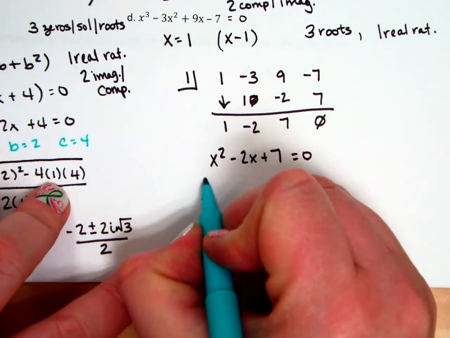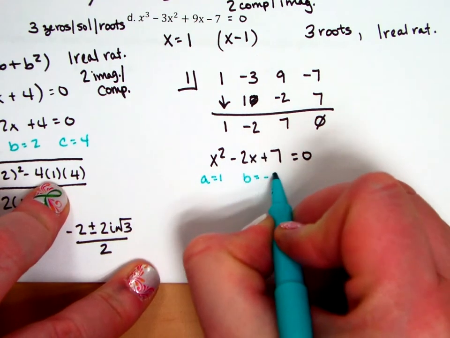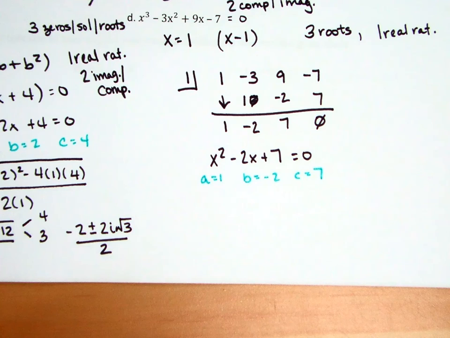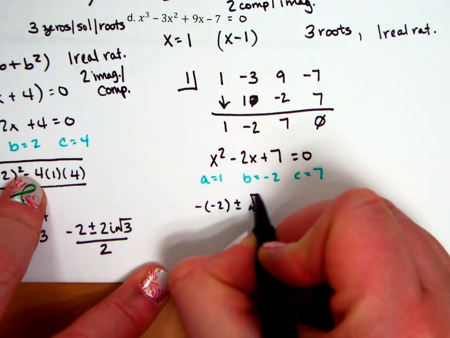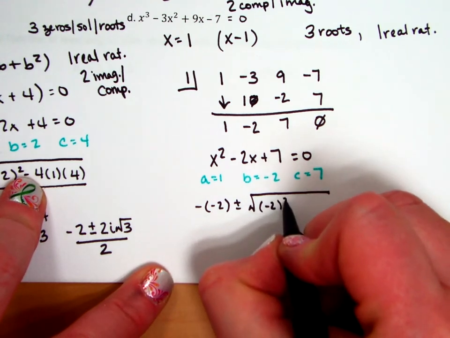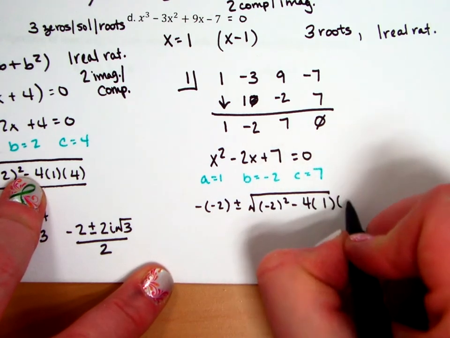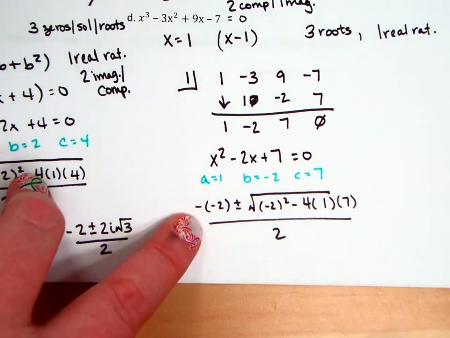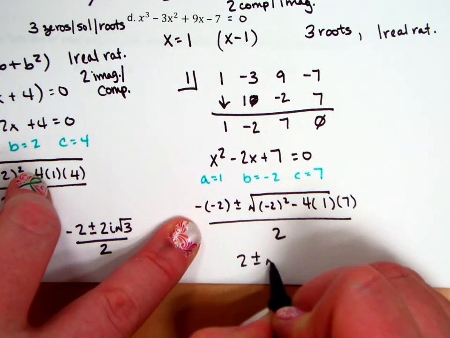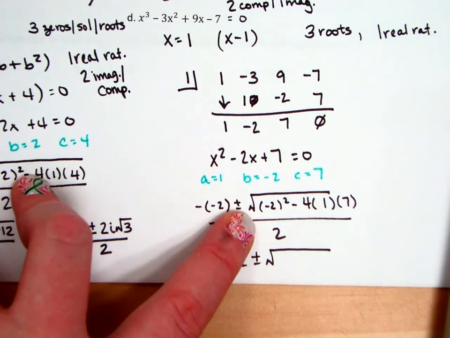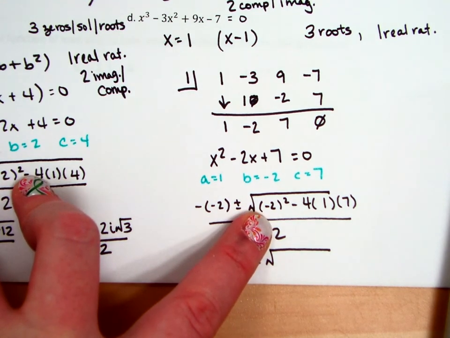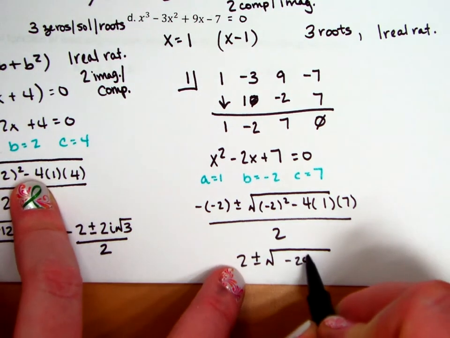So a equals 1, b equals negative 2, c equals 7. So running the quadratic formula there. Negative times negative 2 plus or minus the square root of negative 2 squared minus 4 times 1 times 7, all divided by 2. So I'm going to get 2 plus or minus the square root of, and in my calculator, I'm just going to type it in. So I would have negative 2 squared minus 4 times 1 times 7, and that's negative 24, divided by 2.